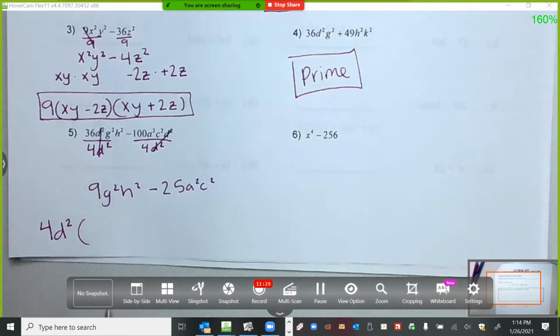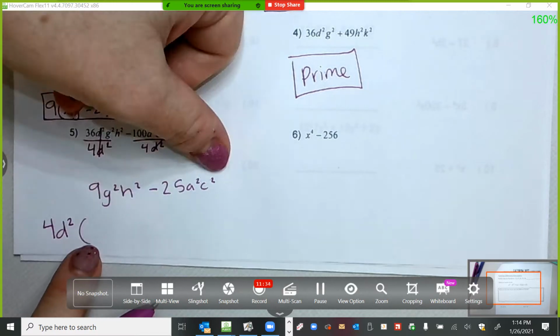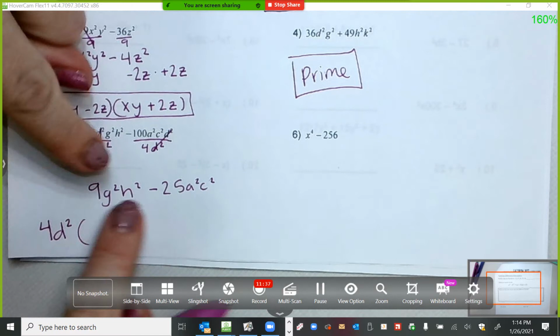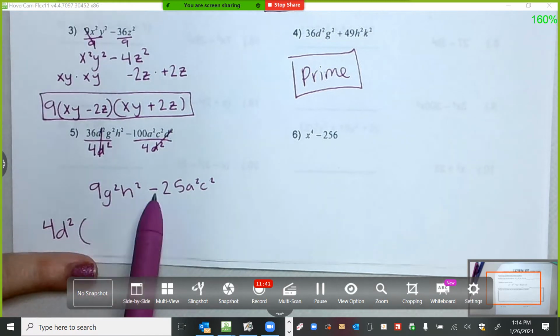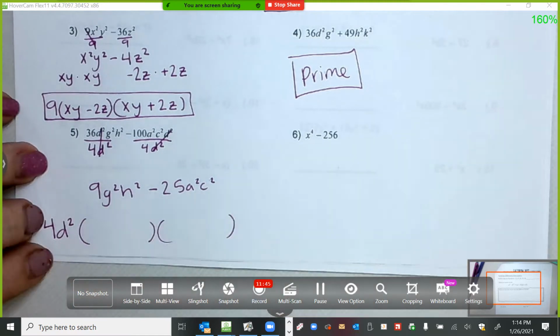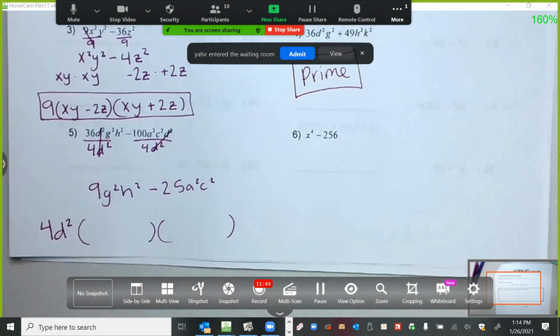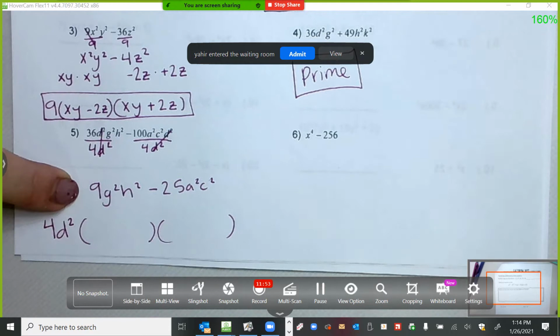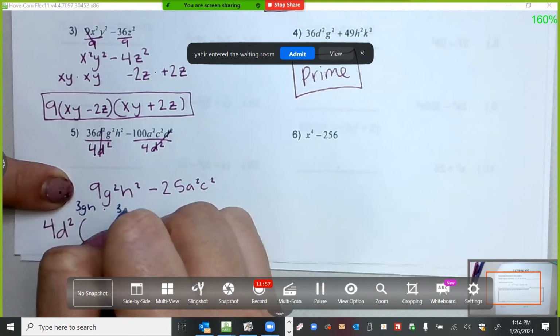Now, is this still a perfect square minus a perfect square? All my exponents are positive, so I know my variables are perfect squares. 9 and 25 are also perfect squares. So yes, it is a perfect square minus a perfect square, so we can keep going. What times what gives you 9g squared h squared? Well, what times what gives you 9? 3. And then it's just gh and gh.